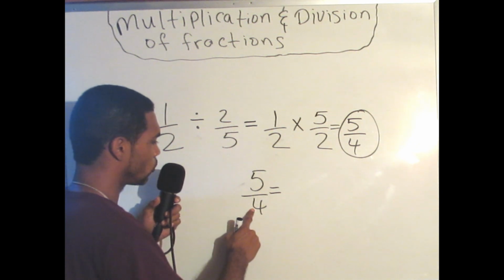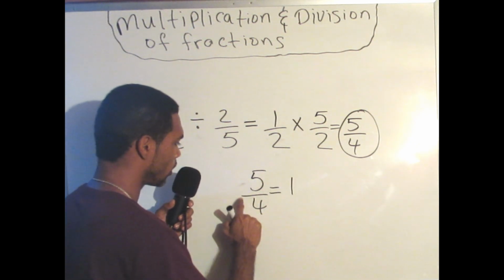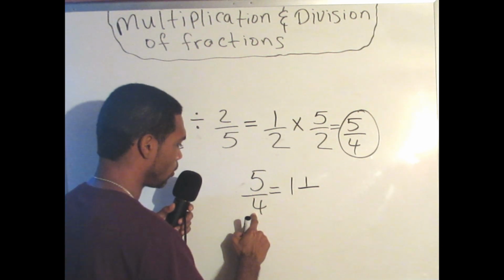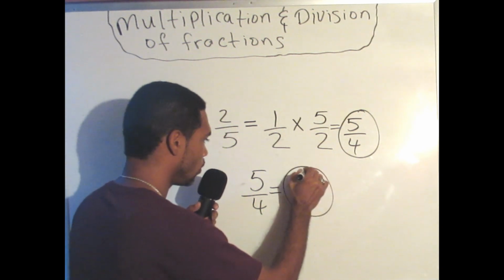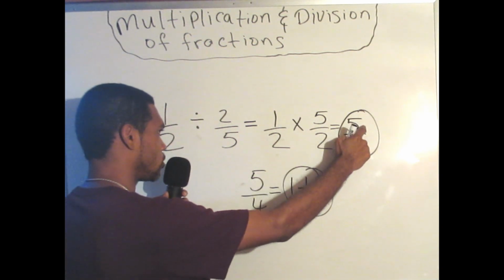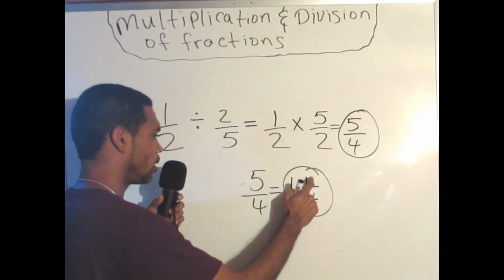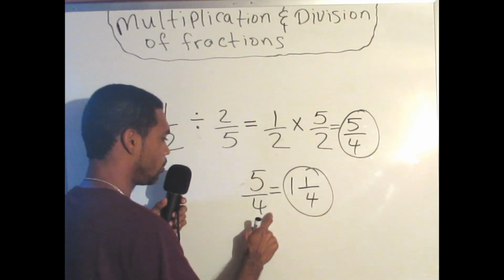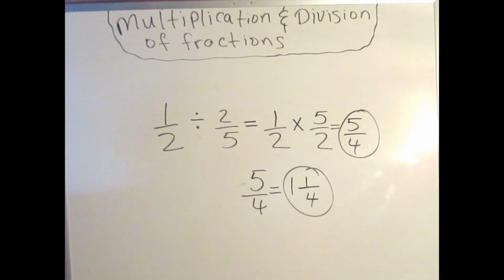To change our answer into a mixed number, you ask yourself, 4 can go into 5 one time, because 1 times 4 is 4, and you get one remainder to complete the 5, and you put it over your same denominator, which is 4. So all we did here was change our 5 over 4 improper fraction to a mixed number, and it's 1 and 1 over 4, because 4 can go into 5 one time with one remainder over 4, and the problem is solved.